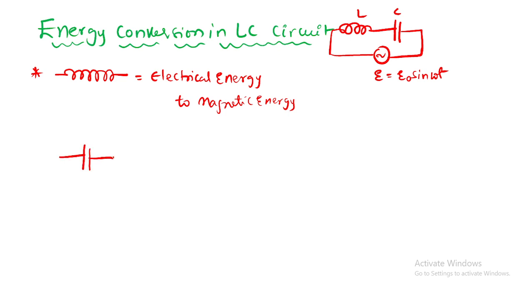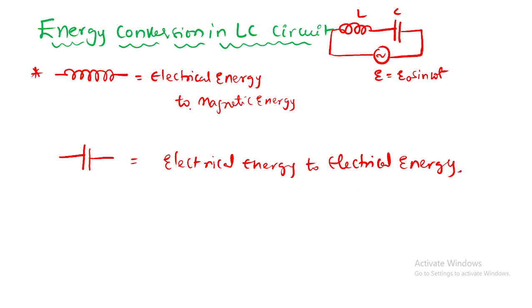The capacitor will store electrical energy. The energy stored in an inductor is half L i square. Energy stored in a capacitor is half C V square, or else we can write Q square divided by 2C.